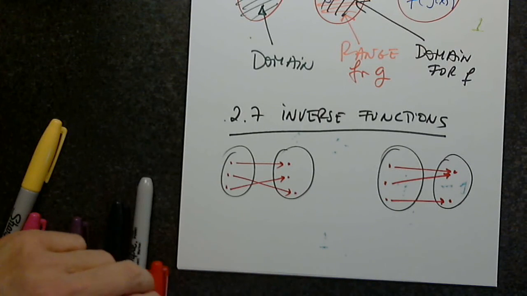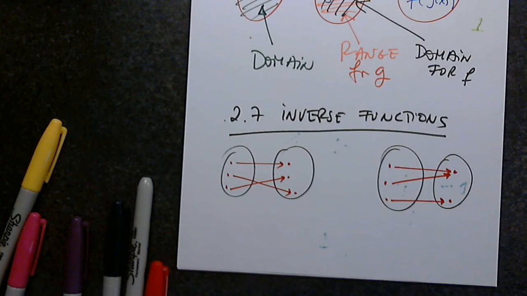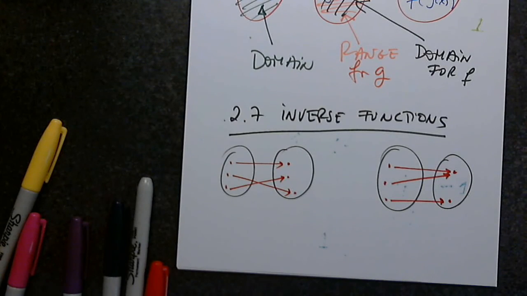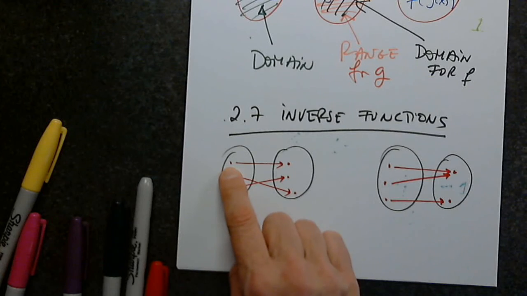Let's suppose I go from set A to set B in this case. And now I want to go back. I want to create a function that is defined here and takes values here. Can I do that? If I go backwards, do I create a function? Yes, because for each x value, I have only one y value.